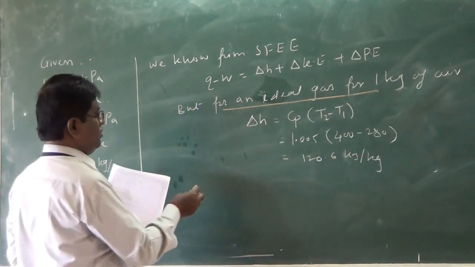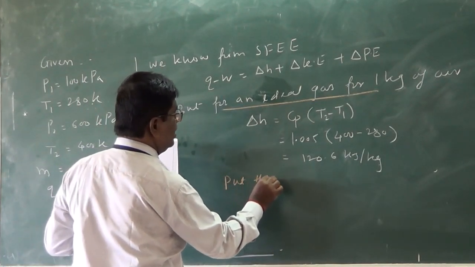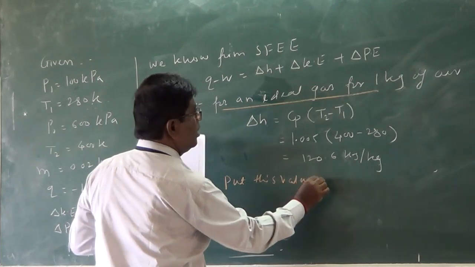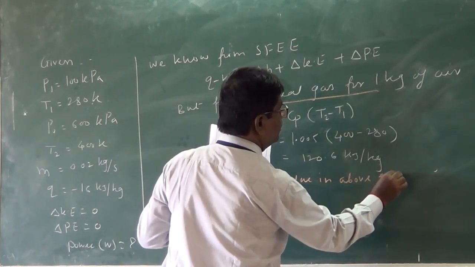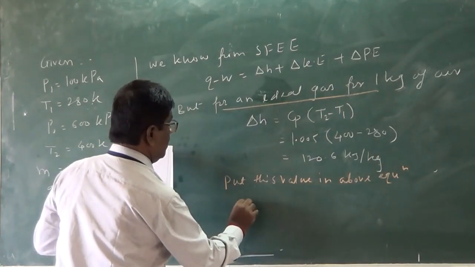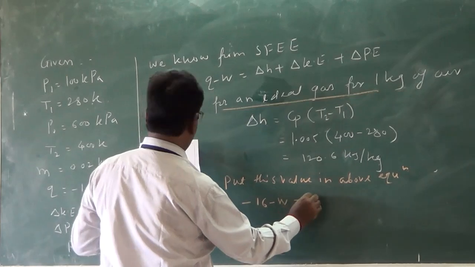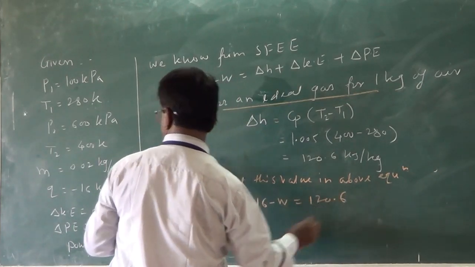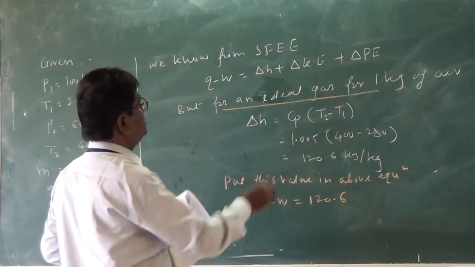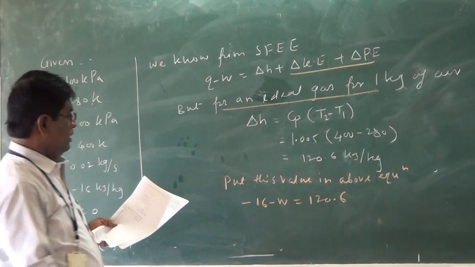So put this value in the above equation. Minus 16 minus W equals 120.9, because these other two terms are 0.